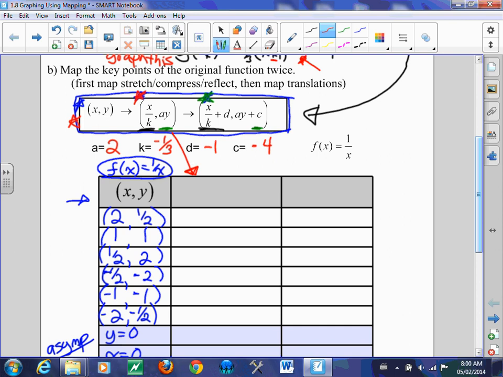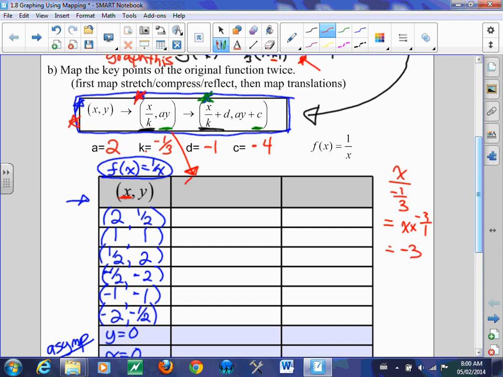So all I do is take whatever x is, and I've got to divide it by k. So over on the side, if I take x and divide it by k, my k in this case is negative 1 over 3. Remember, I've got to invert and multiply. So what does that mean? It's going to be x times negative 3 over 1, which is going to give you negative 3.